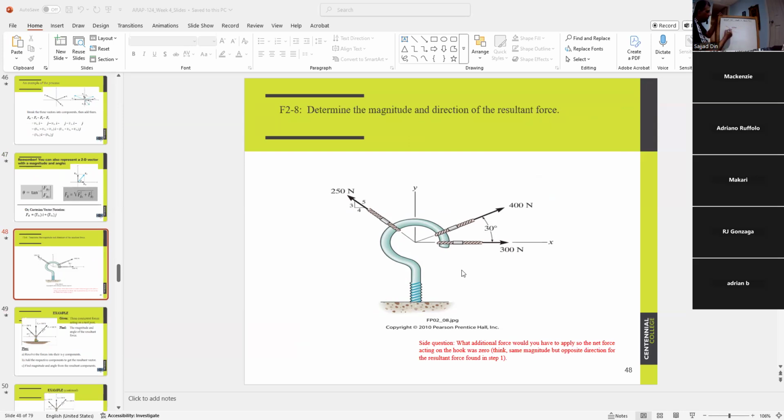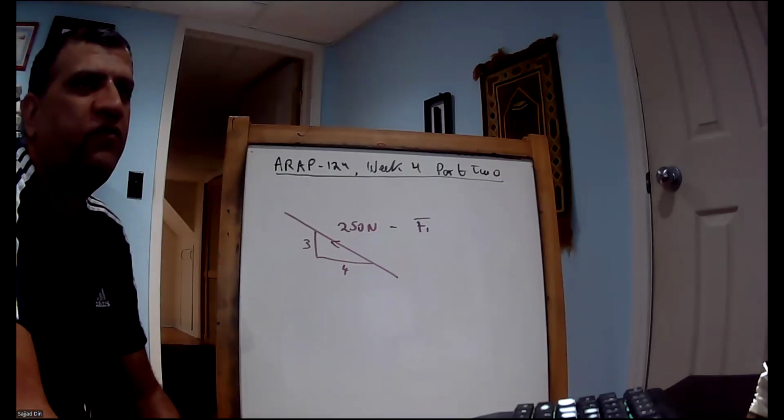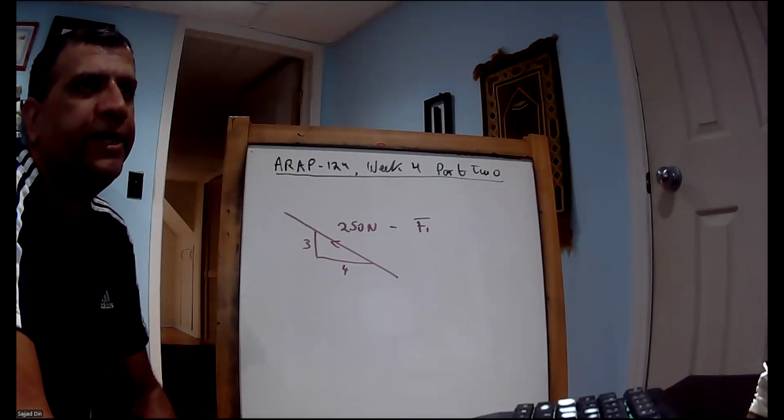You've got a slope of 3 by 4. So I'm going to call this F1. That's what I would do. I would break it down. When you have a question like this, I would break it down. And let's first work on F1. What are we trying to find? F1x, F1y.